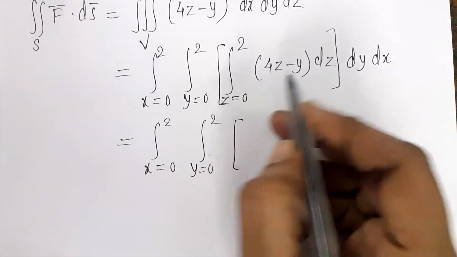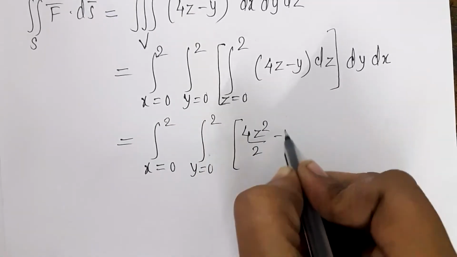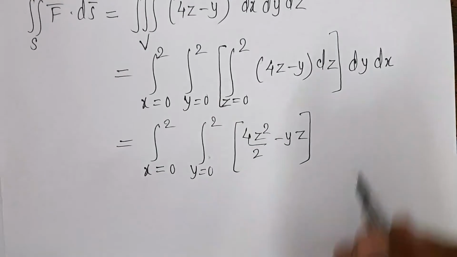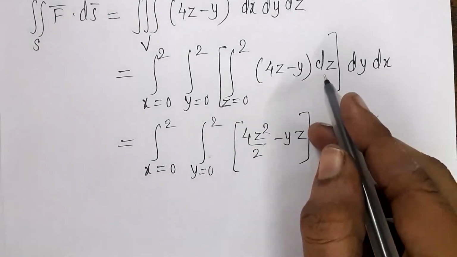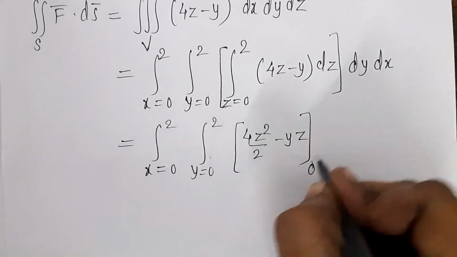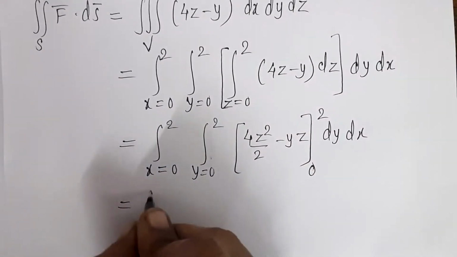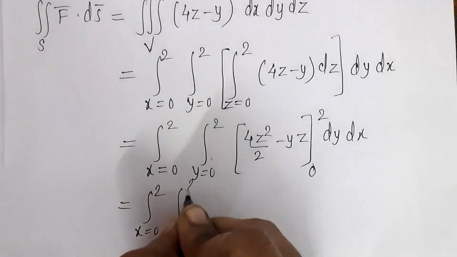What is the integration of 4z with respect to z? It is 4z square by 2, and the integration of y with respect to z is yz, since the integration of dz is z, from 0 to 2, dy dx. This is equal to x from 0 to 2, y from 0 to 2.